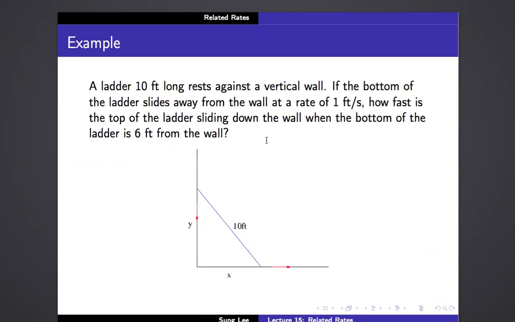So we are trying to find the dy/dt when the bottom of the ladder is 6 feet away from the wall. Okay, so when x is 6, and also the dx/dt is given by 1 foot per second, right? So we know that too.